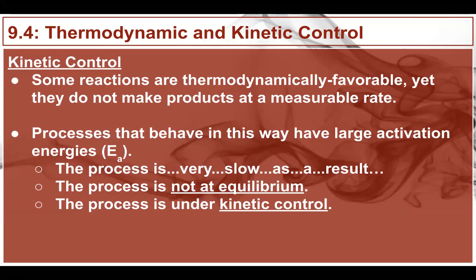Okay, so it's Ea, that peak in our energy diagram is very high. So if it has a large activation energy, even if it's thermodynamically favorable, it's going to proceed very slowly. It's a process that's not at equilibrium, it's very slow, and it would be said to be under kinetic control.